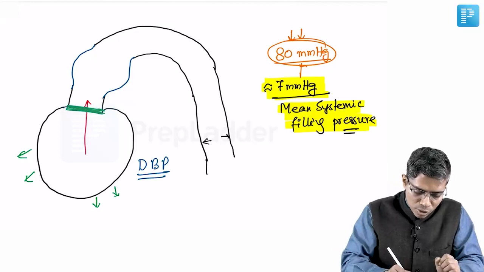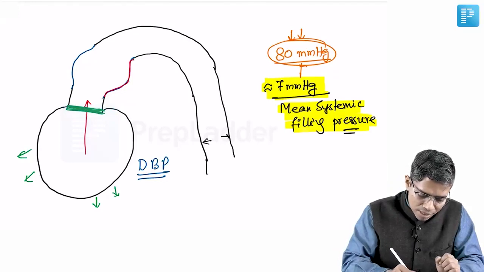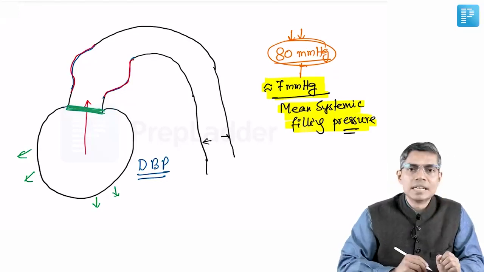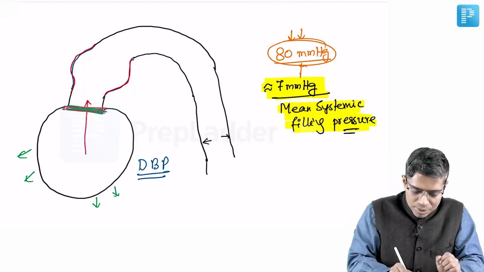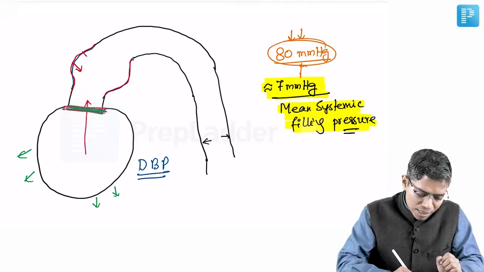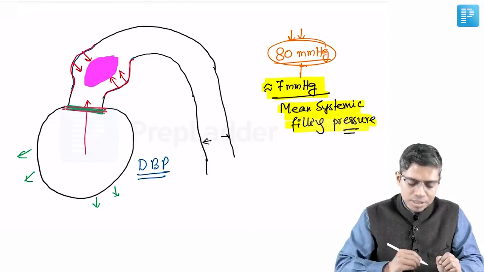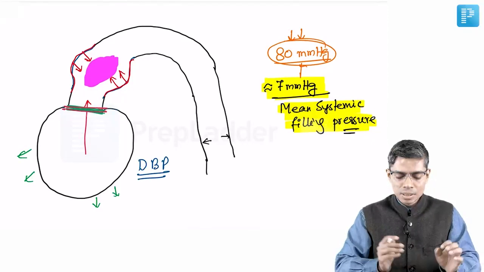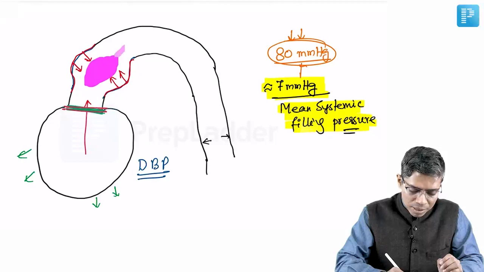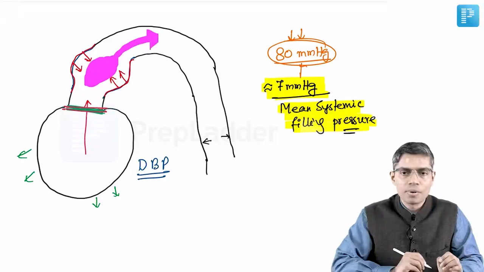Whenever the stroke volume is ejected, I told you already that the arch of aorta will be expanded. Whenever this semilunar valve is closed, this arch of aorta is going to recoil back. Whenever the arch of aorta is recoiling back, it is going to exert some pressure on the blood which is present at the level of the arch of aorta. Because of the pressure, this blood will be pushed forward.